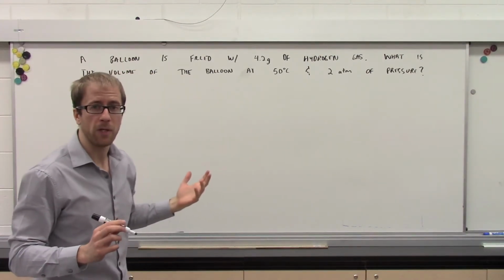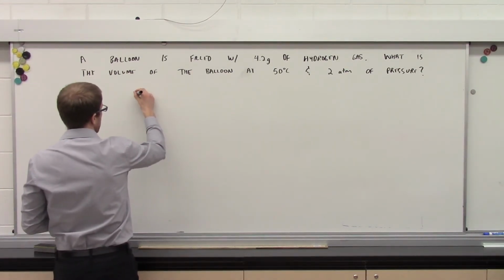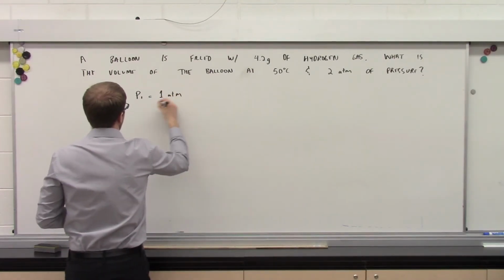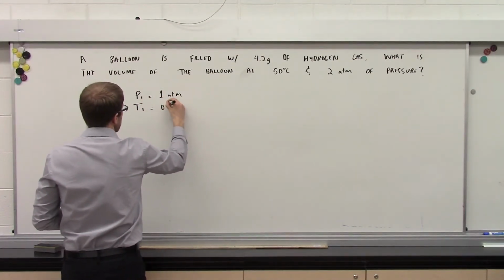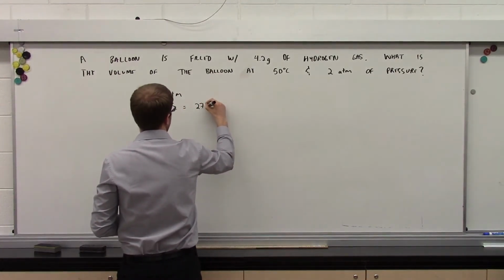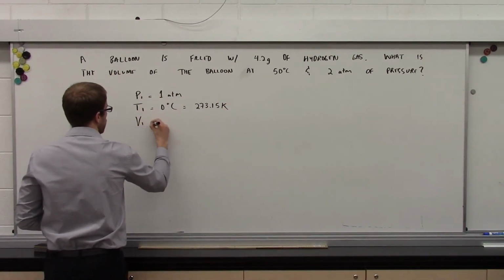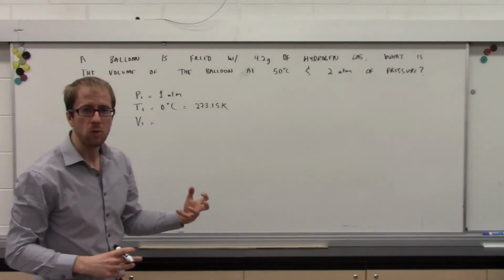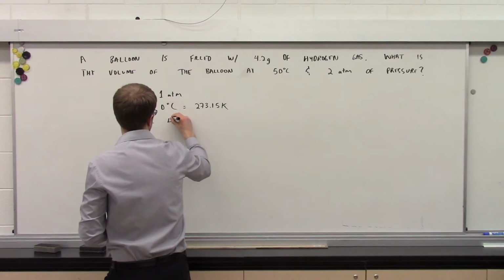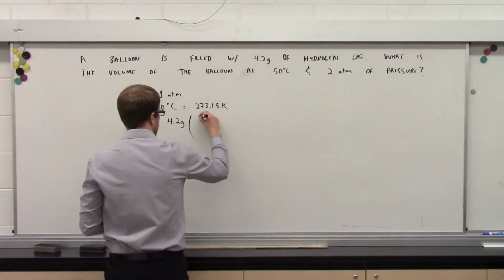So we've already established, well, at STP, what is our pressure? Well, it's going to be 1 atmosphere. What is our temperature? Well, it's going to be 0 degrees Celsius, or that's equal to 273.15 Kelvin. And what is our volume? This is the same volume you calculated previously. So that is going to be 4.2 grams of H2, and we're going to divide this by our molar mass.